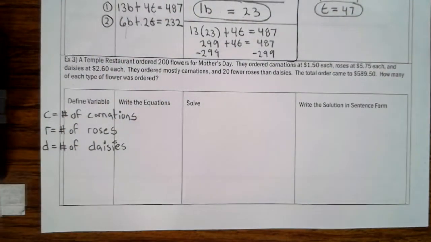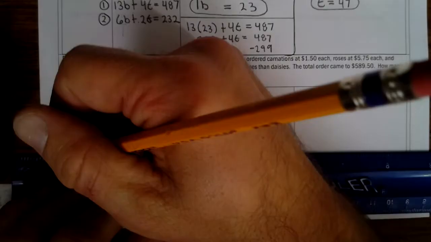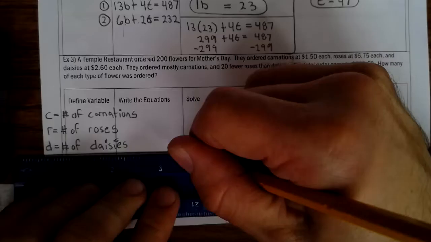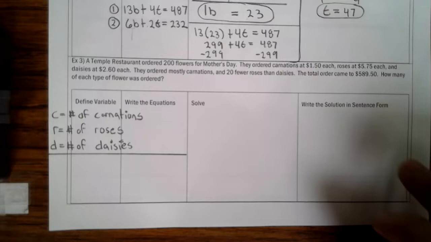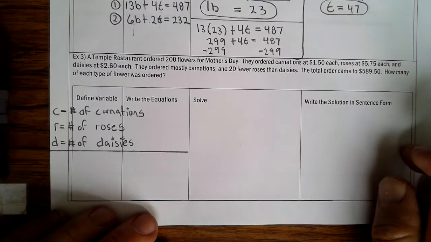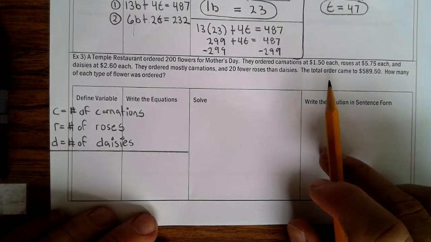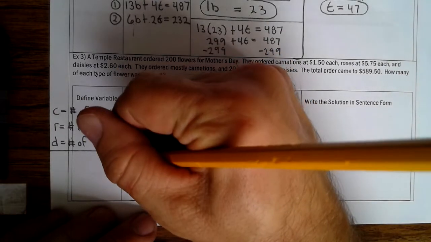All right. So now we want to write the equation. So here it says, first of all, there's 200 flowers. So we know that C plus R plus D equals 200.